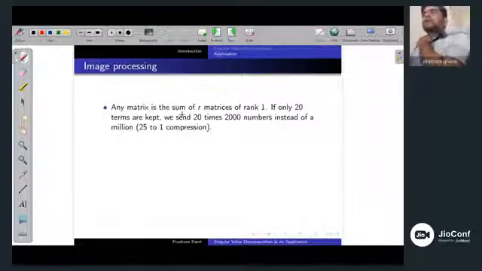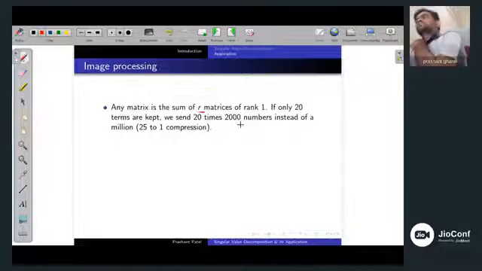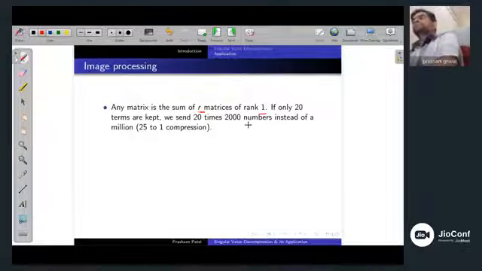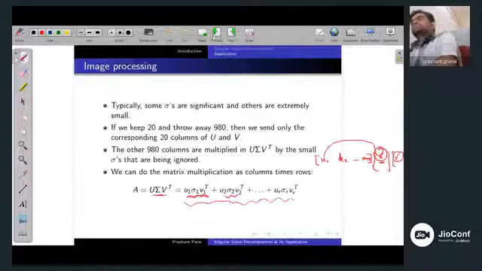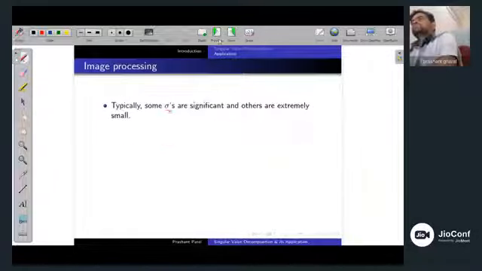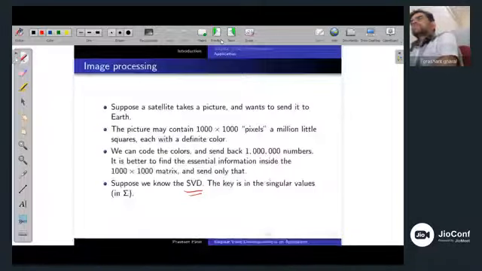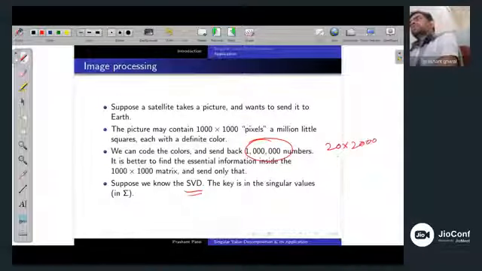So for any matrix, written as a sum of rank 1 matrices, only 20 terms are to be kept, and we send only 20 times 2000 numbers instead of this much. You can see how 1000 cross 1000 numbers compares with 20 cross 2000 numbers.